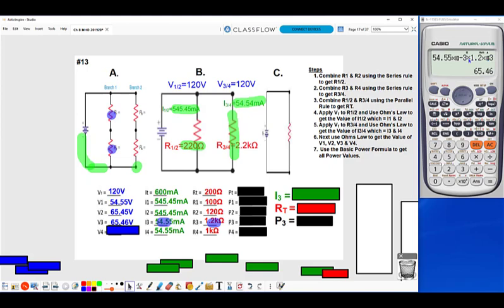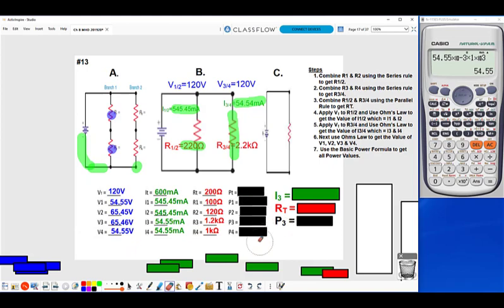Now I'll put in R4, which is 1k ohm. So here is my I4 times my R4, and it'll give me my V4, 54.55 volts. So V1 plus V2 will give you 120, V3 plus V4 will give you 120.